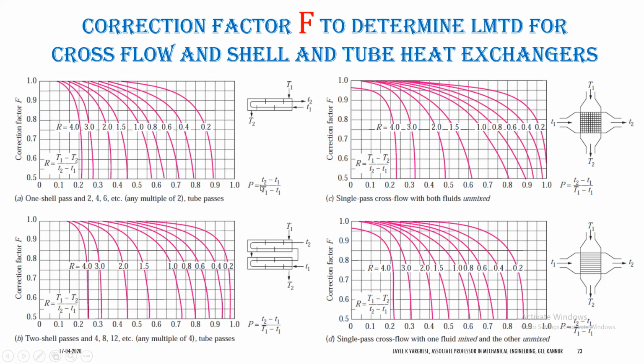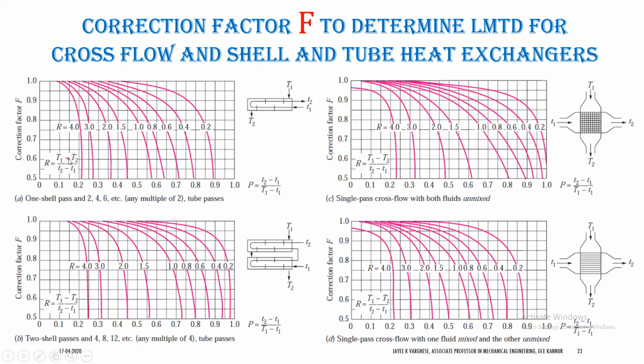So parameter P is equal to t2 minus t1 divided by capital T1 minus small t1. We find this parameter, and there is one more parameter, R. R is equal to T1 minus T2 divided by t2 minus t1.